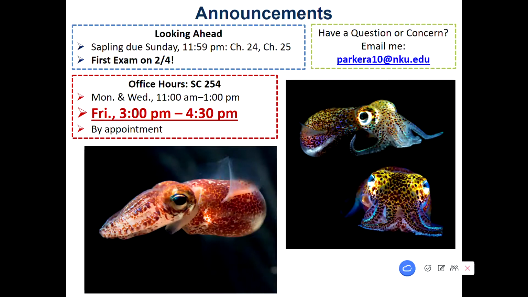But this bobtail squid looks relatively normal, but when it is in darkness, it actually bioluminesces, it lights up. And the way that it's able to do that is with a symbiotic bacteria. This symbiotic bacteria gets a safe place to live and easy access to food by living in the squid.